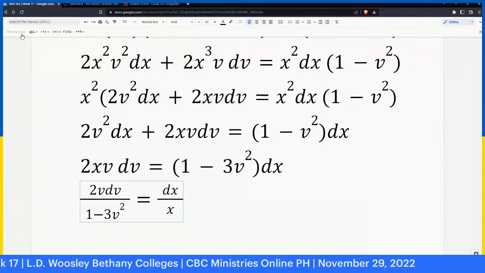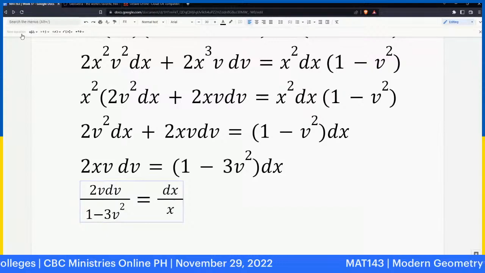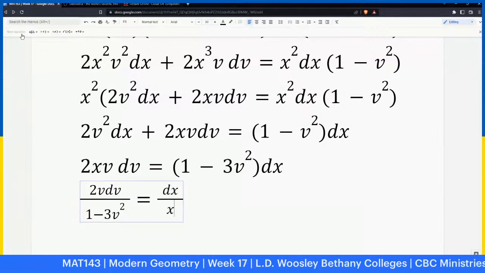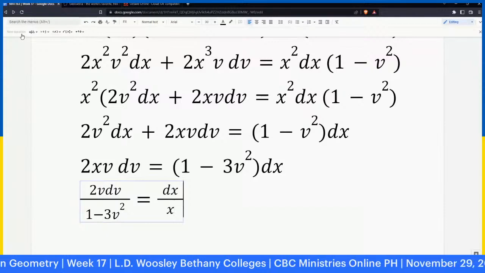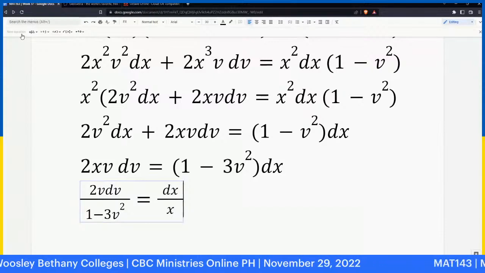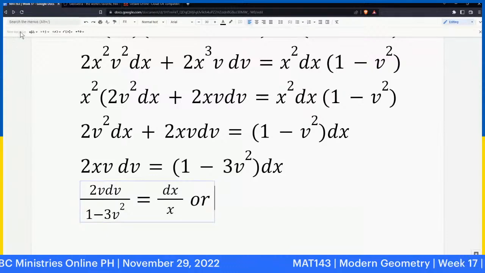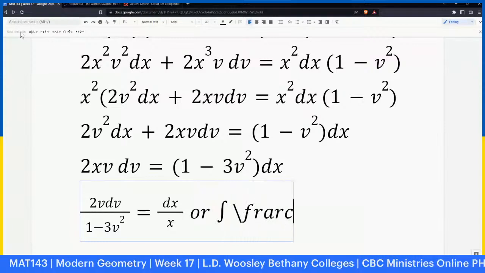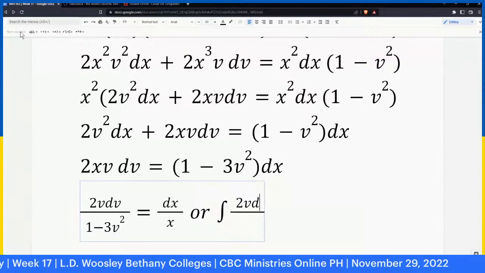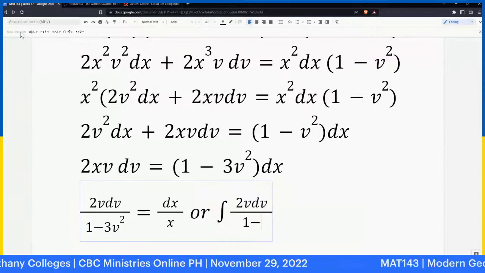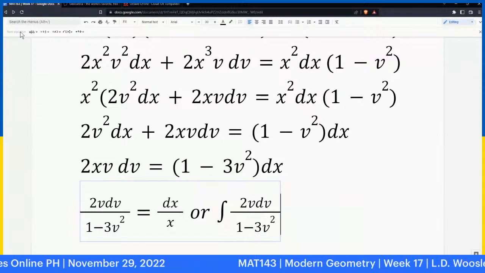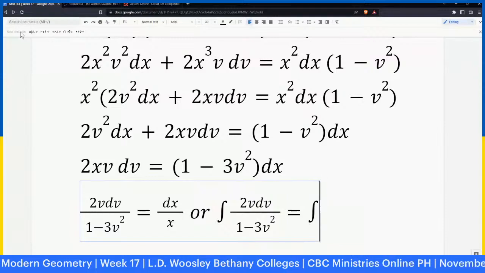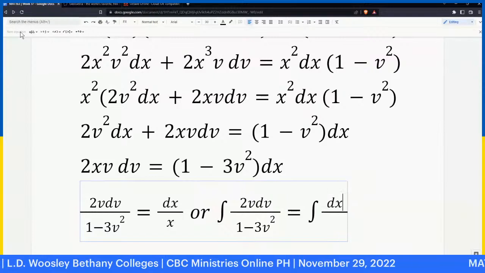Okay, can you copy? Yes po. All right. So integrate both sides. Can you integrate? Okay.